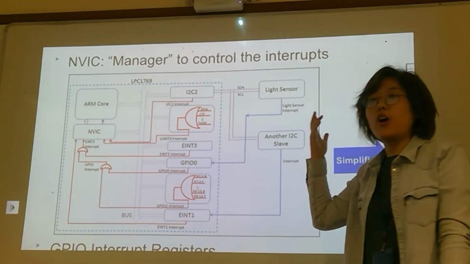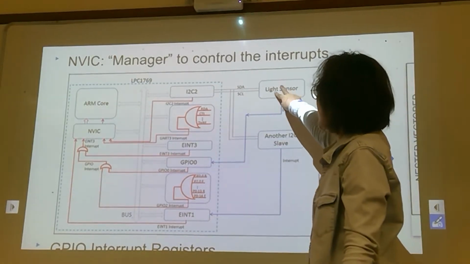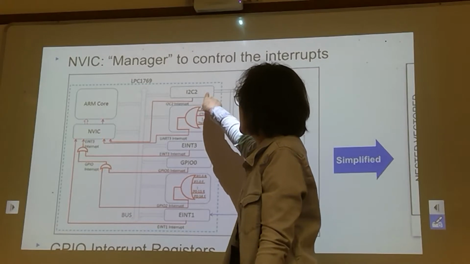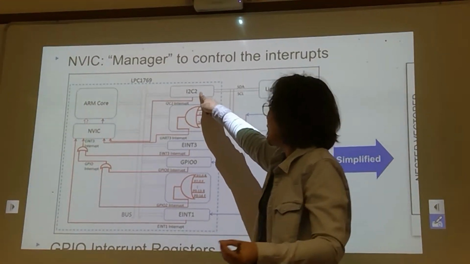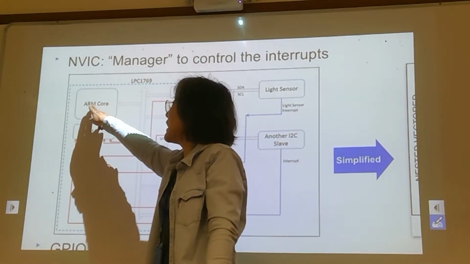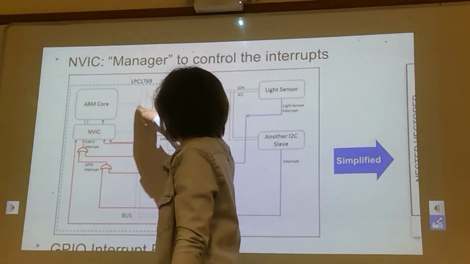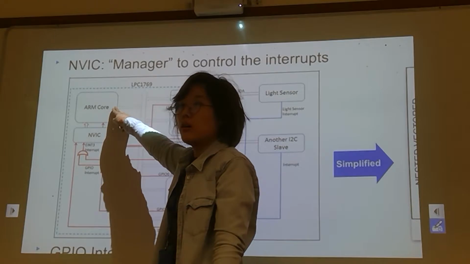For regular routine, for example, your light sensor is sensing the light intensity. It will give information here, and normally it will send the data to the ARM processor through this way, regularly.